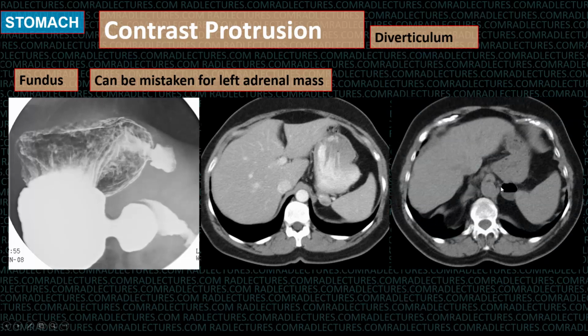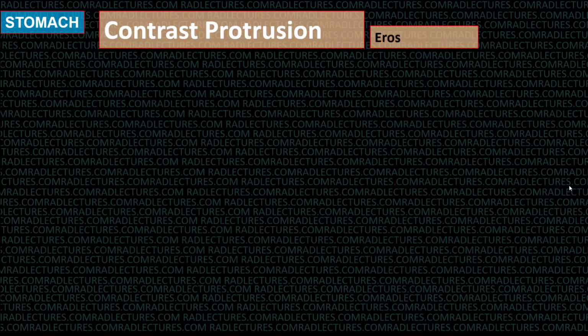Now, of course, if it contains air, then you know that this is a diverticulum. It's not an adrenal abscess, because adrenal abscesses are extremely rare and there is no inflammation in the fat around it. All we are seeing is an air fluid level. So it's a gastric fundus diverticulum.